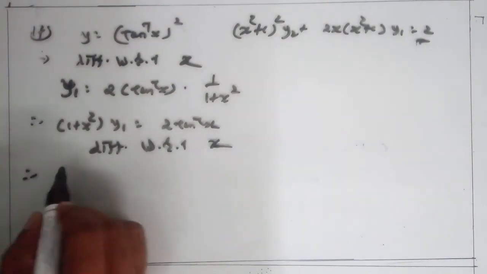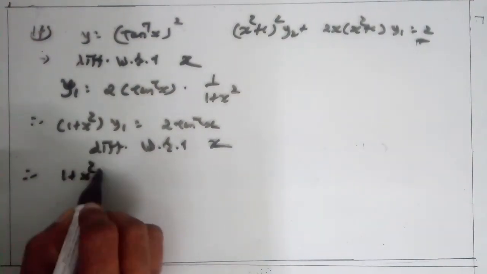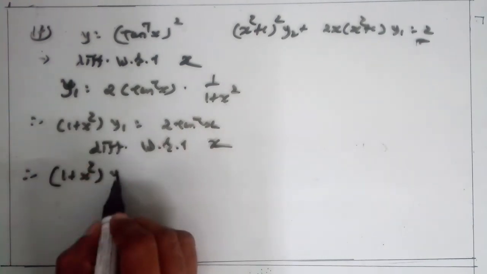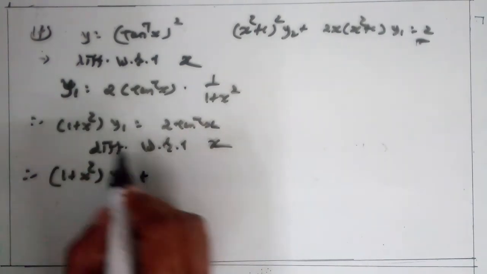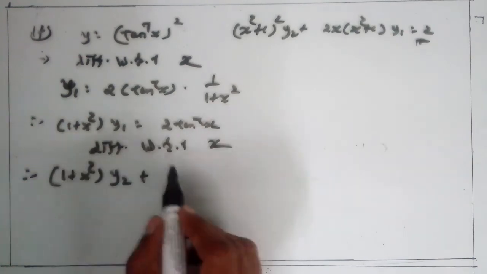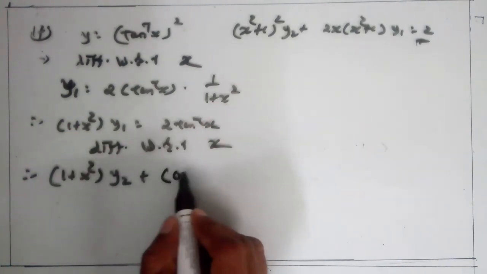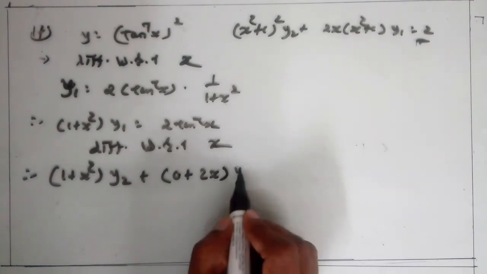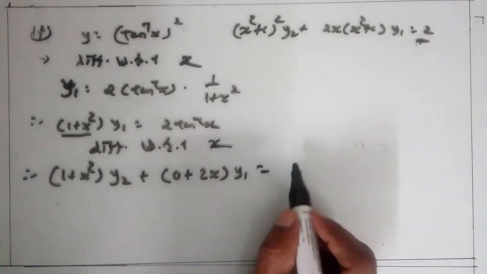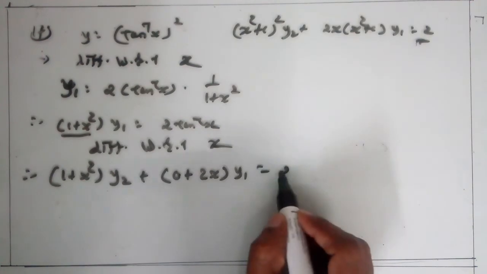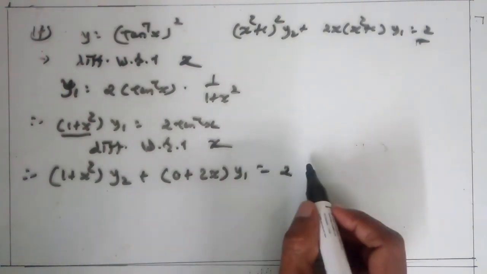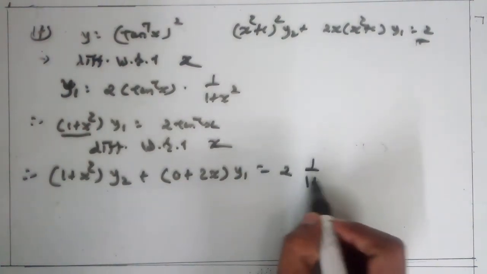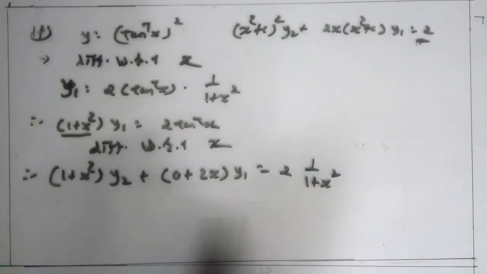Now second time differentiate this with respect to x. Here we get (1 + x²) into derivative of y1, which is y2, plus derivative of (1 + x²), which is 2x, into y1, is equal to 2 into derivative of tan⁻¹ x, which is 1 upon 1 + x², you know. Clear?